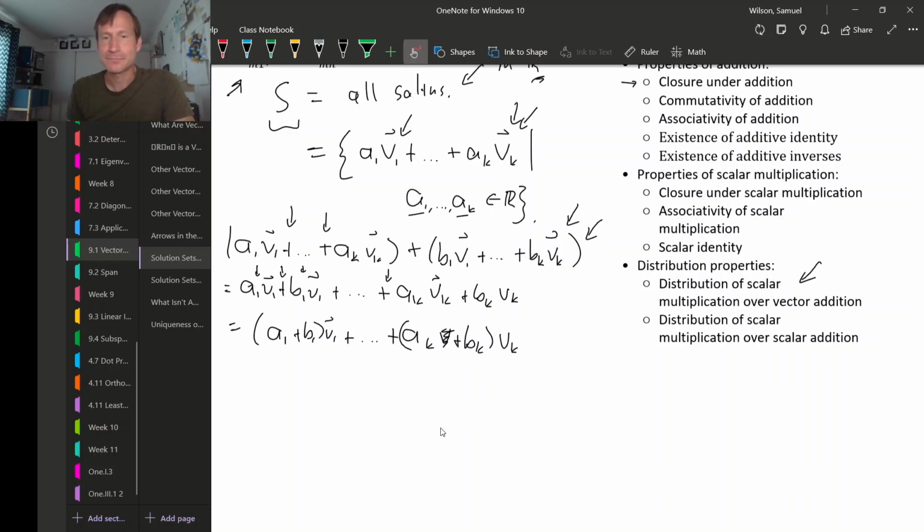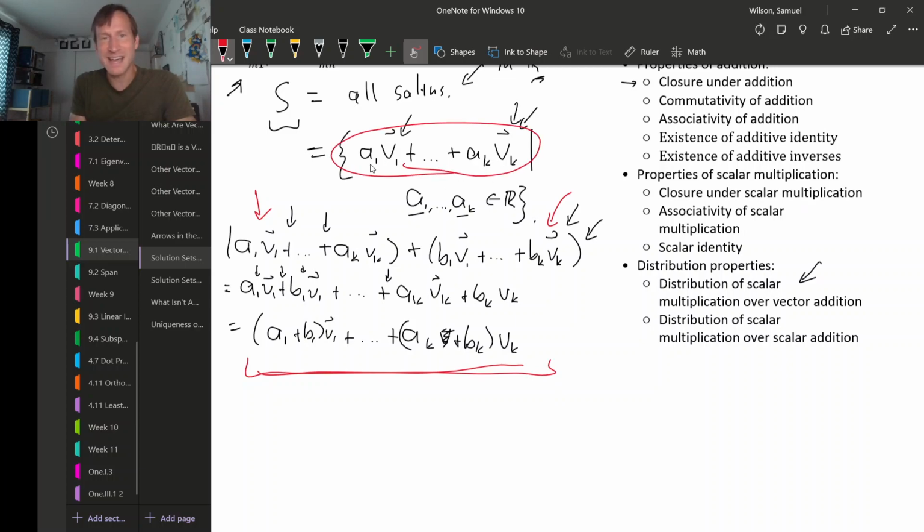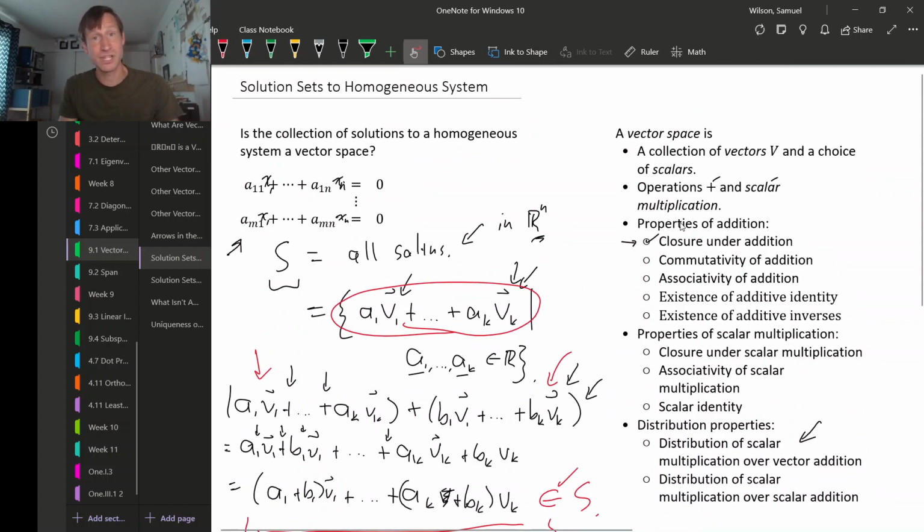All right. So we took two solutions to our homogeneous system. We added them together. Did we get another solution? Well, this solution is exactly of this form. Instead of a's, it has a's plus b's, but still it's all of these vectors v times scalars all added up. So this is in S. So that means that we do have closure under addition.